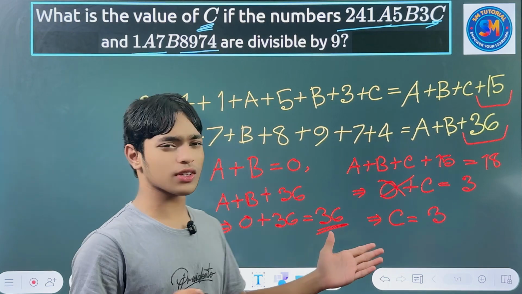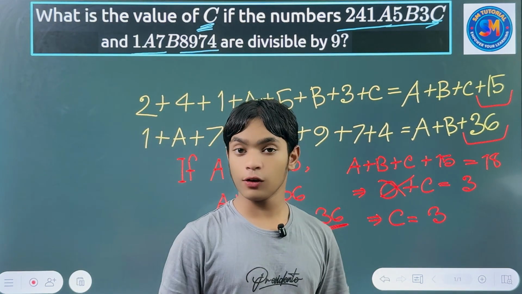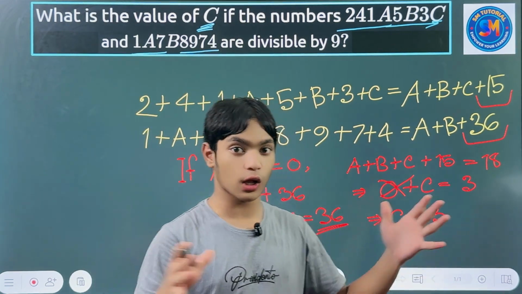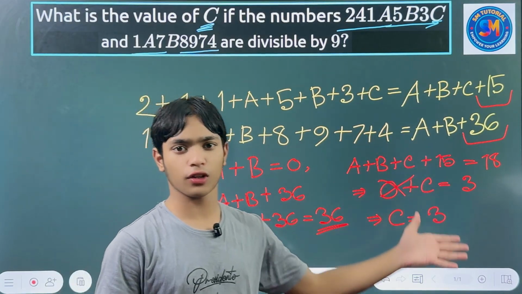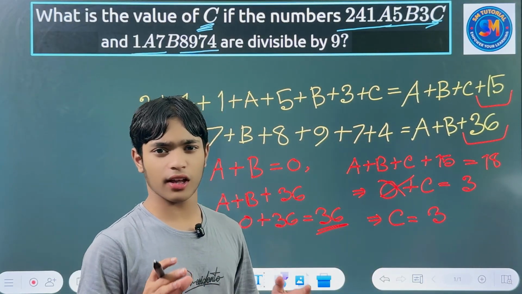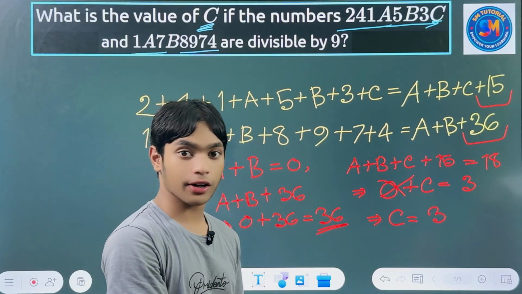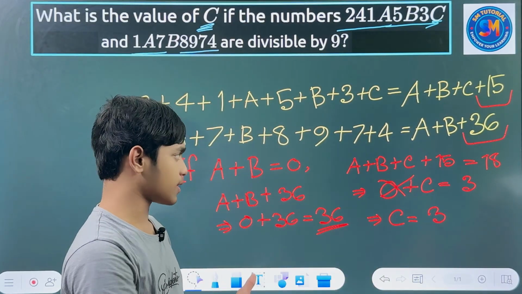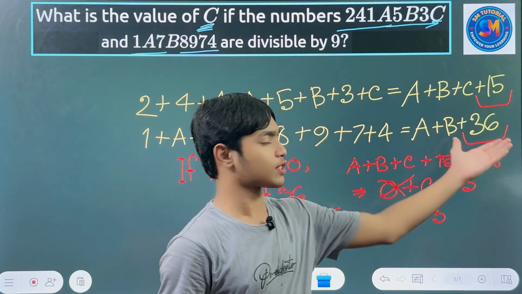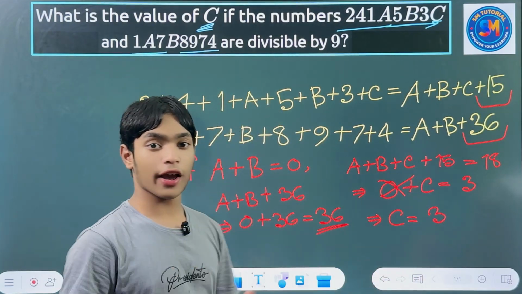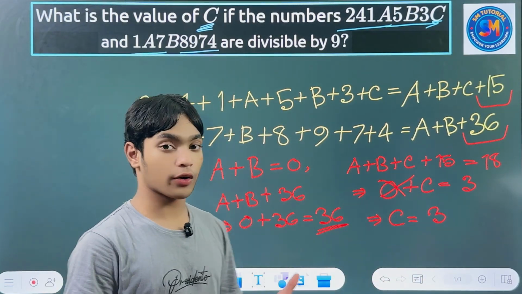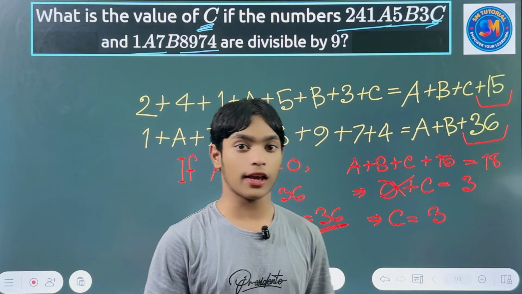This was very easy math, and if you use modular arithmetic, you can solve it even in 3 or 4 lines. But that is a little hard for a beginner student. If you can't solve with modular arithmetic, you can apply this process. You can see 36 is divisible by 9, which means you found a clue, a way to solve.